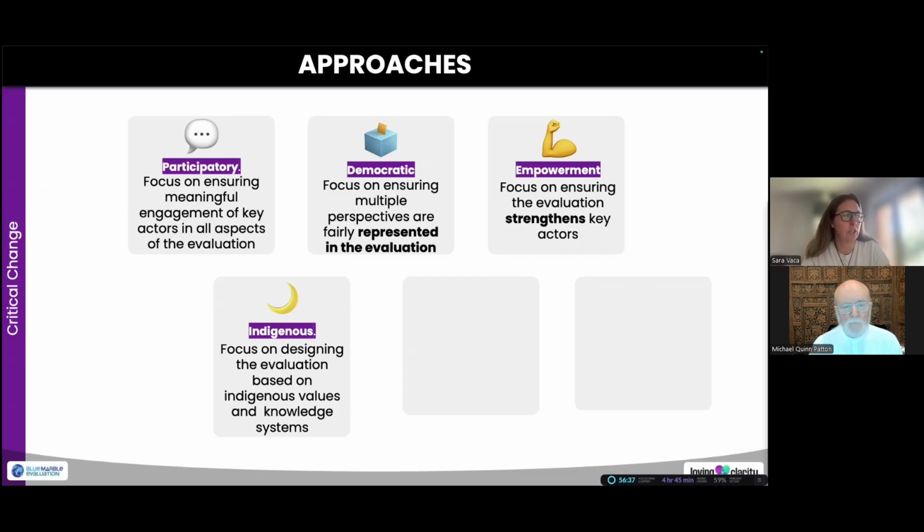Then we have indigenous, that focuses on indigenous values and indigenous knowledge systems rather than Western, right? This is becoming increasingly important. There is a whole movement of indigenous evaluation in this era where climate issues and sustainability issues are very much a matter of focus.